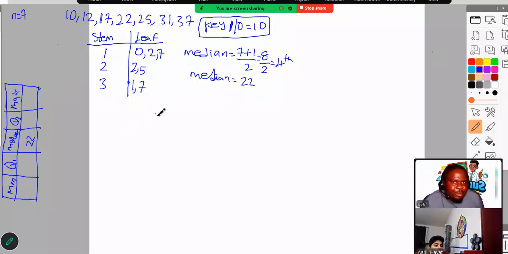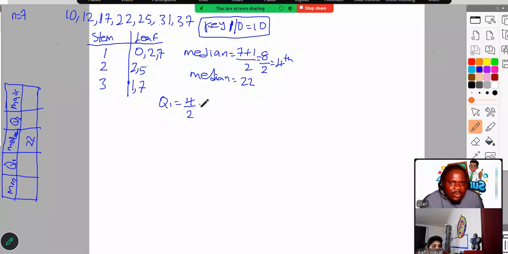Now let's solve for the first quartile. The first quartile, that's Q1, is simply your median position divided by 2. Now your median position is 4. We had the median as the fourth number.